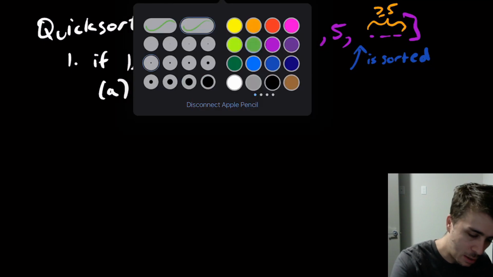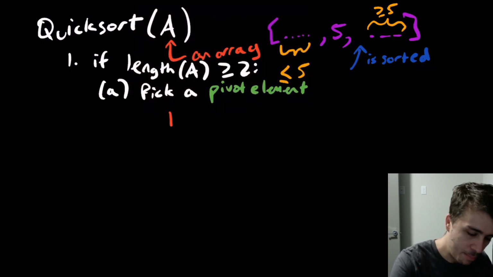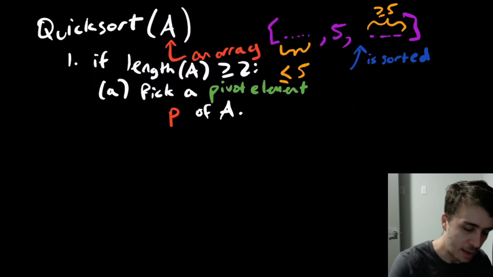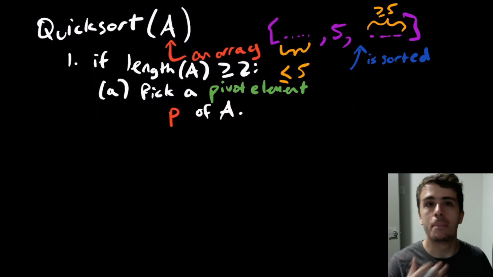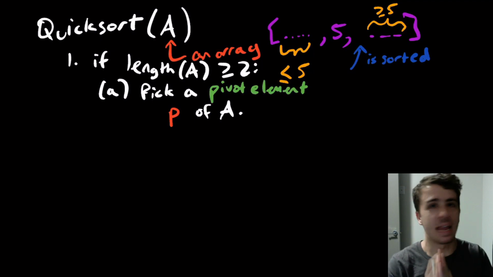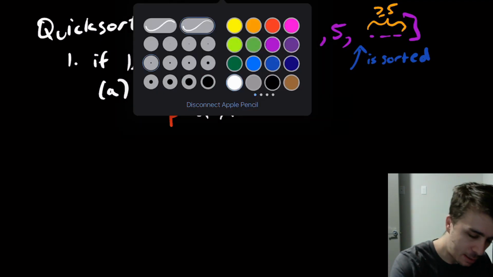I'm going to call it P of A. I'm just going to pick some element of this array. It does not matter which one you pick. We can pick one that's really bad, really small, really big, or in the middle. Let's just pick any one.